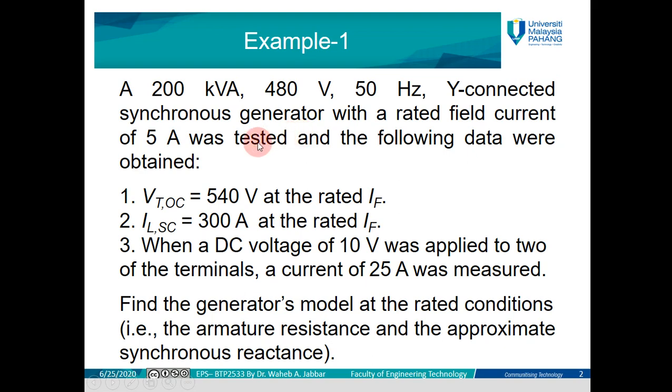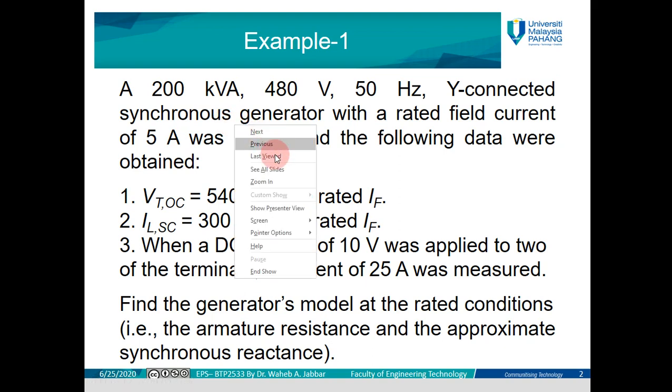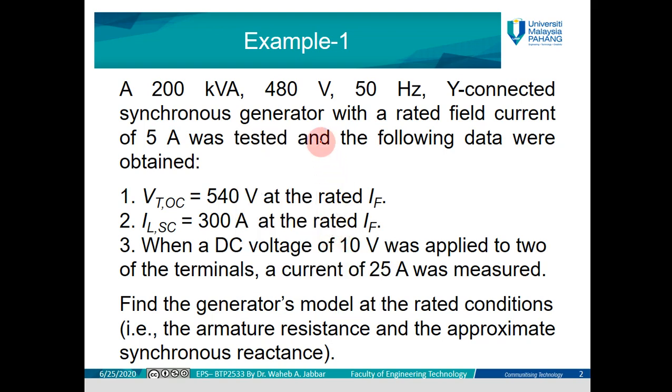In this example, we have a 200 kVA synchronous generator, 480 volt and 50 hertz. This is the value of f, and it's Y connected.